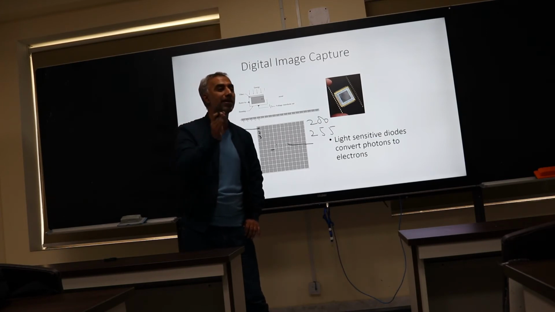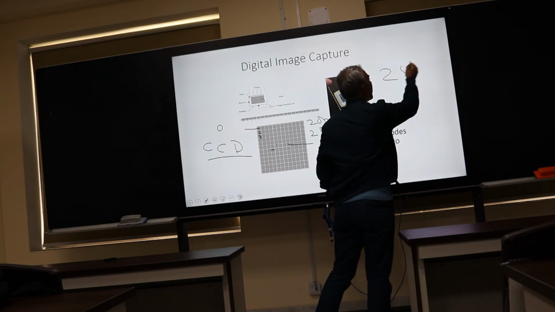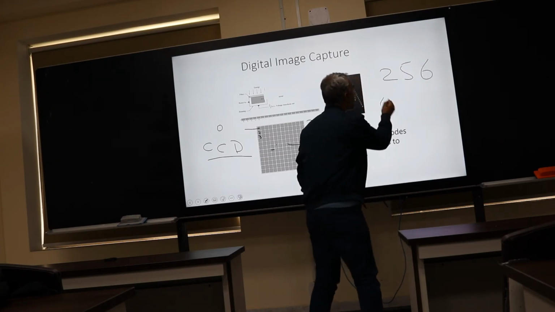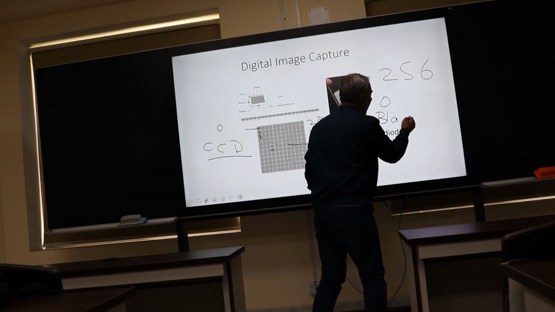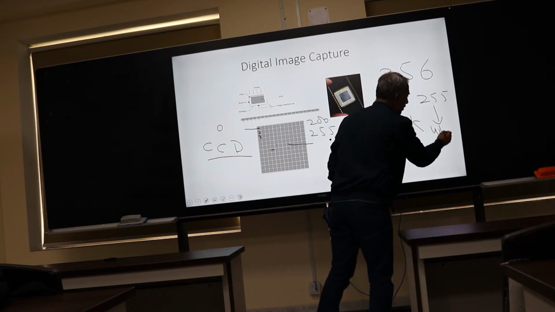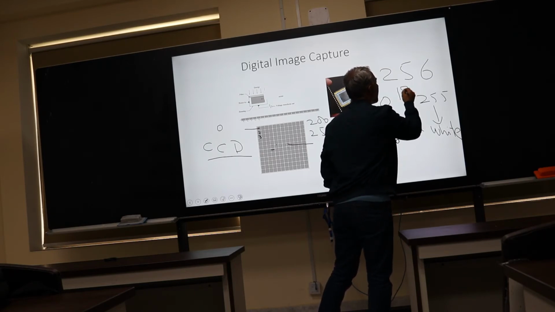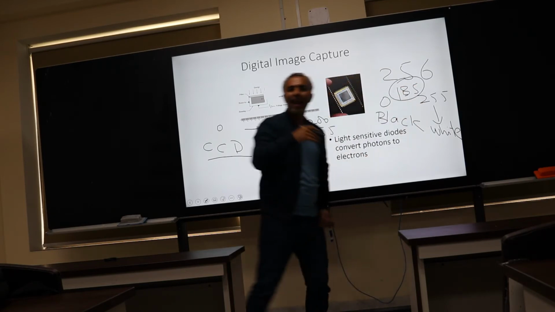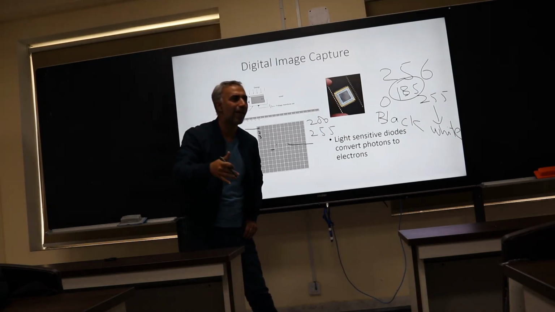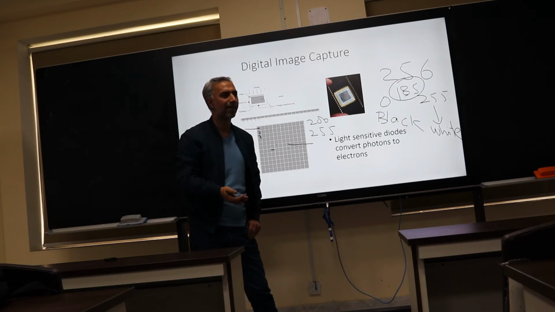How many shades can be distinguished by the normal human eye? There are 256 shades. 0 represents black and 255 represents white. Somewhere, for example, 185 is not exactly black and not exactly white, almost a gray color.